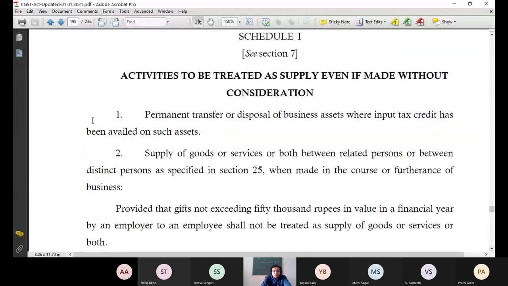Let me discuss the first point, what it says: it is a supply, permanent transfer or disposal of business assets where input tax credit has been availed on such assets. So when you permanently sell your business asset on which you have taken ITC, then it is treated as supply always. Second point or second paragraph.